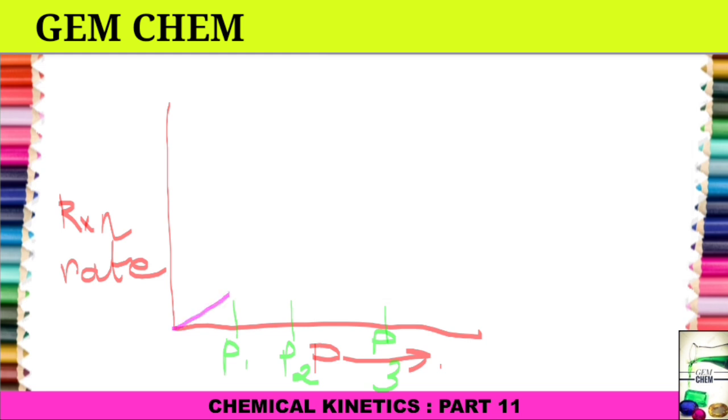First it will increase, then it will become a steady reaction. So this part is a steady reaction. Next, again this is a steady reaction at P2, and on increasing the pressure further it becomes an explosion part. So we are going to describe the whole graph here. This portion is our explosion limit.